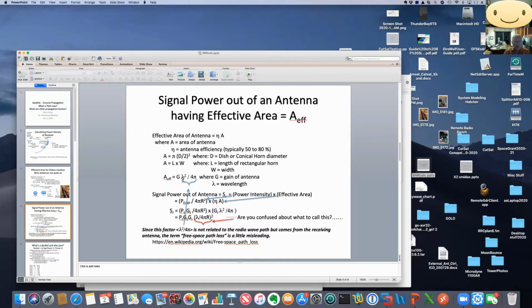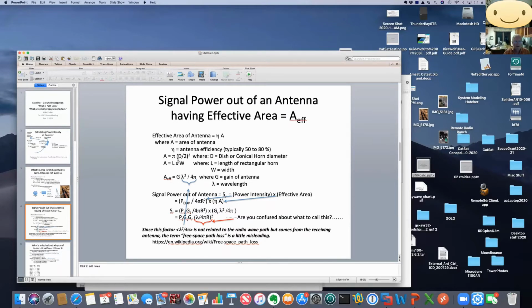You take the wavelength, square it, and divide by 4 pi, and that's the effective area of a 0 dB gain antenna. Then you multiply that by the gain of the antenna, which I told you was almost 100, and that will end up with the effective area.